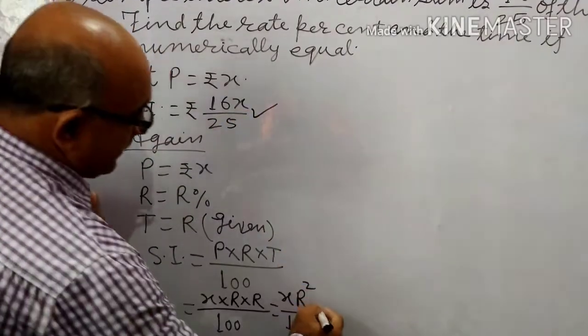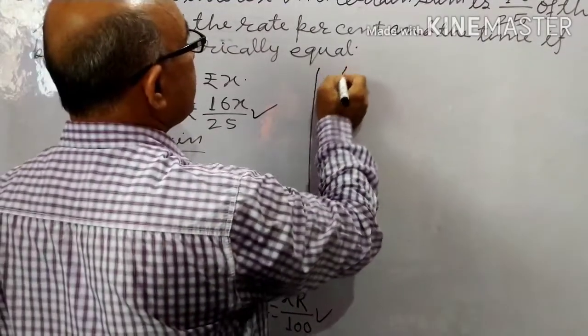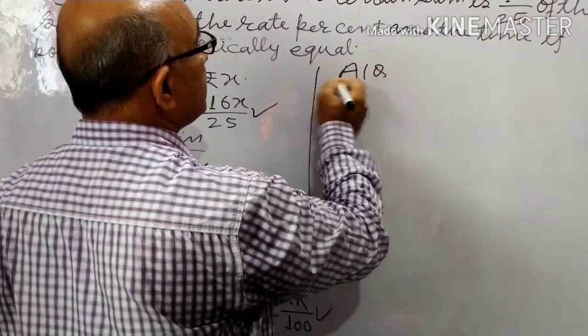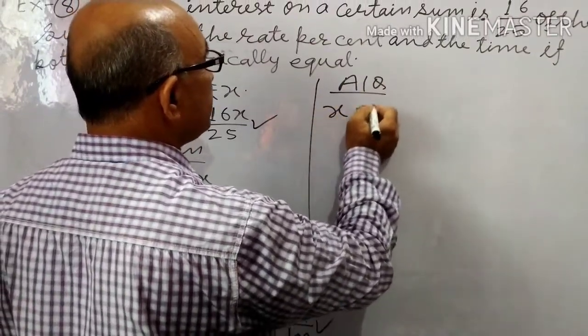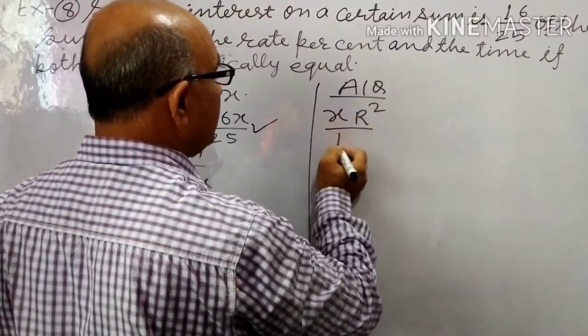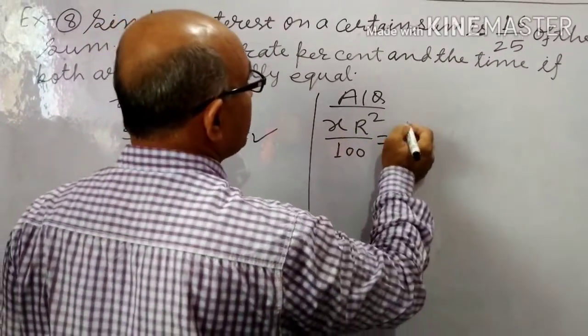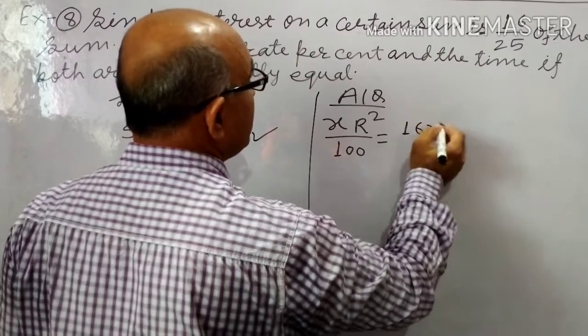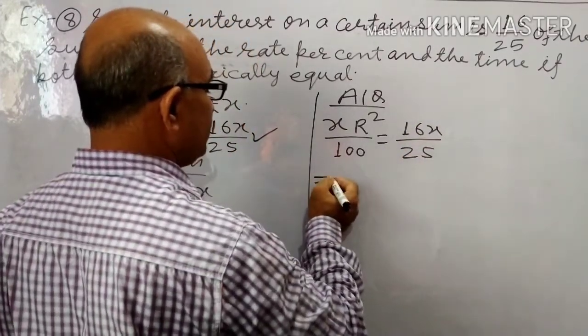Both are simple interest. So according to the question, x R square by 100 equal to 16x by 25.